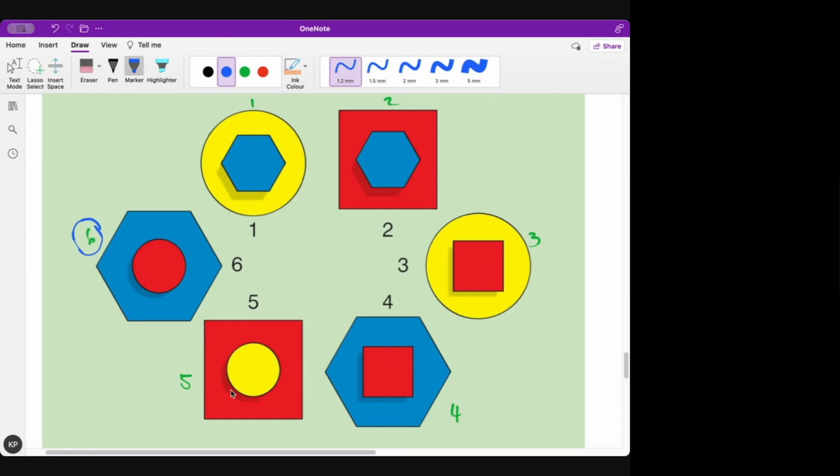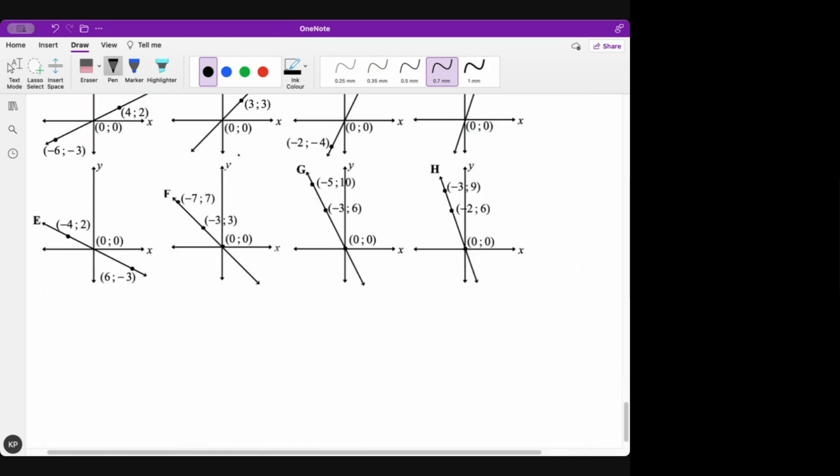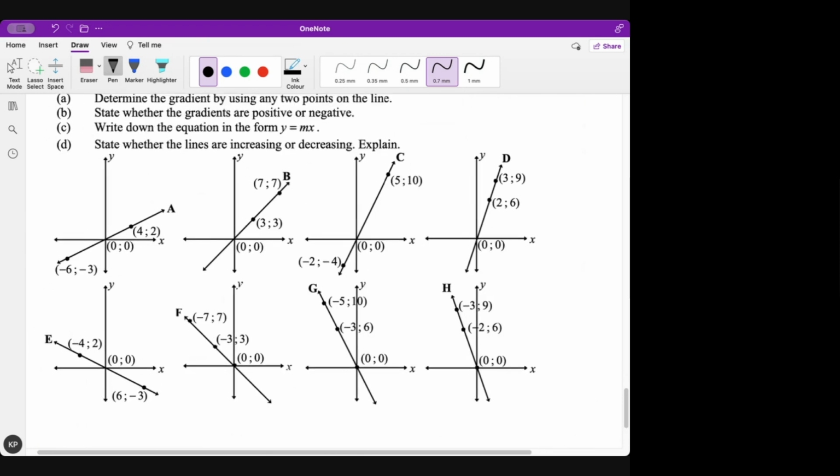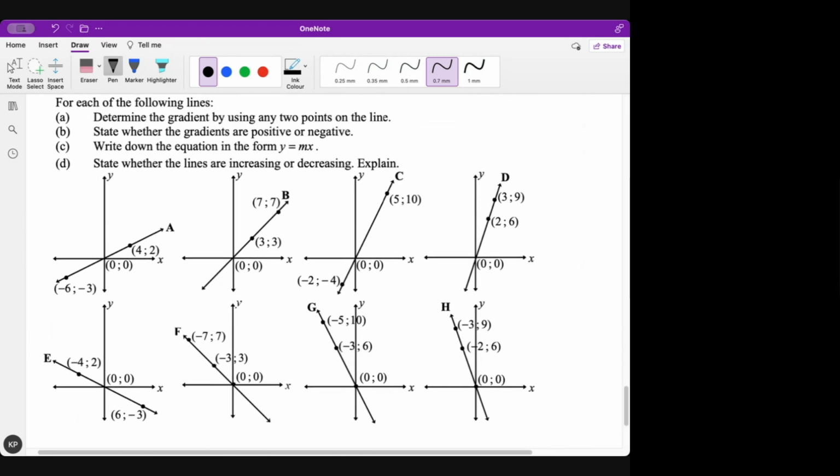Red, red, red, red. All the hexagons are blue. Blue, blue, blue. This one is the only one with a red circle, which means it's incorrect. Nice, beautiful, guys. Great work. Now let's do 1 or 2 of these and then we can call it a day.